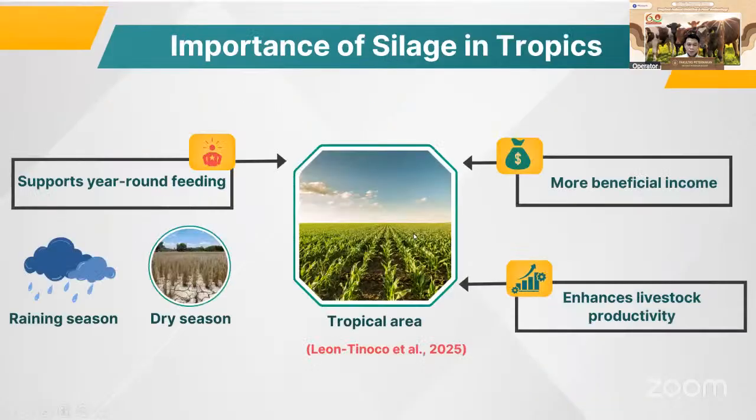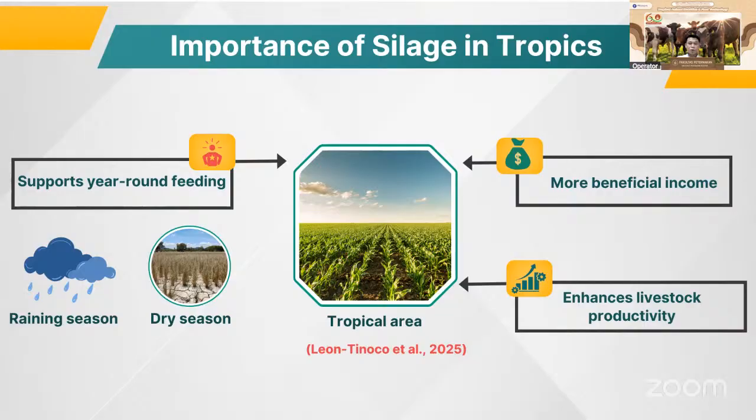I would like to start with the importance of silage. It is essential especially for ruminant production in tropical areas. Silage provides feed availability year round. We are not much concerned in the rainy season because green grass is available.